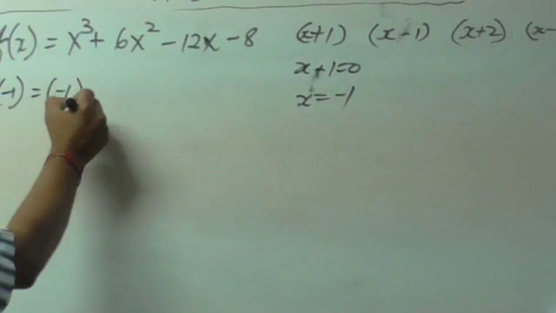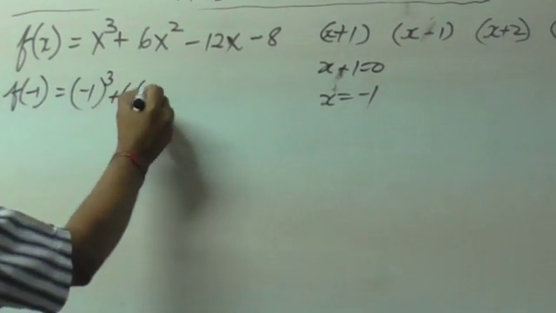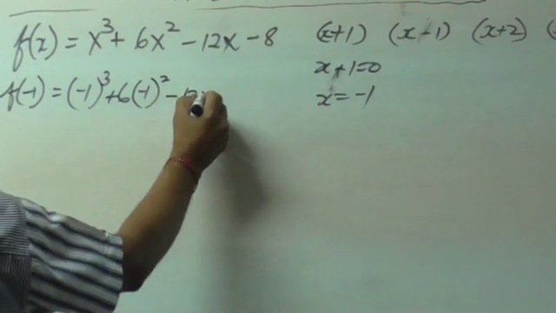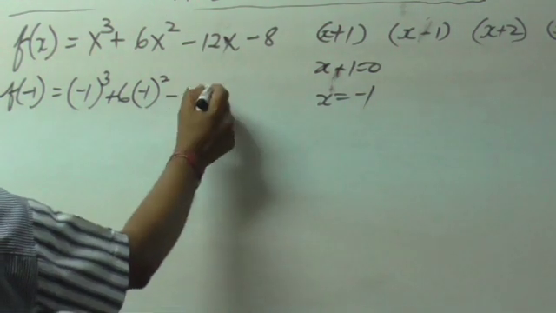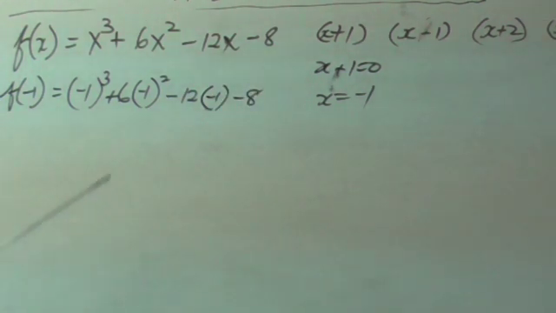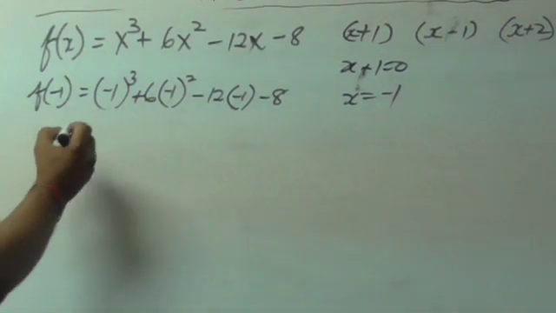So that's minus 1 cubed plus 6 into minus 1 squared minus 12 into minus 1 minus 8. You would put that in the calculator, but I don't have my calculator here, so I'll just work it out.